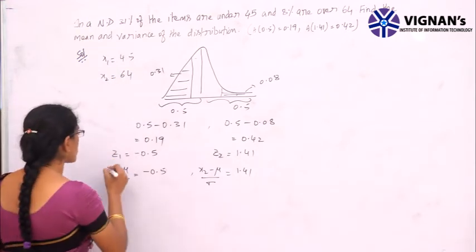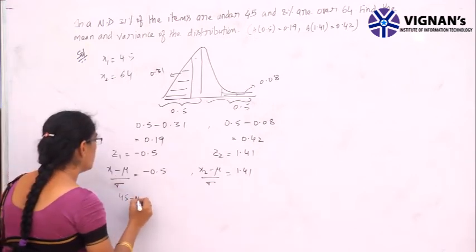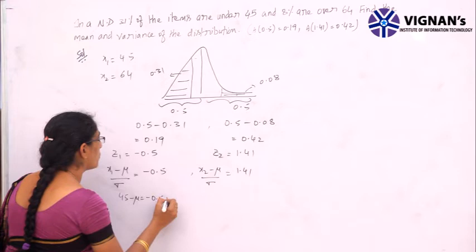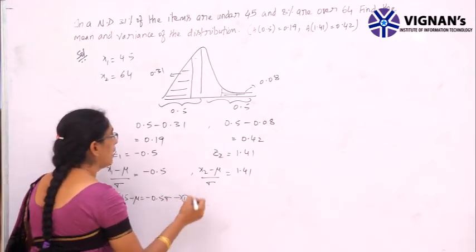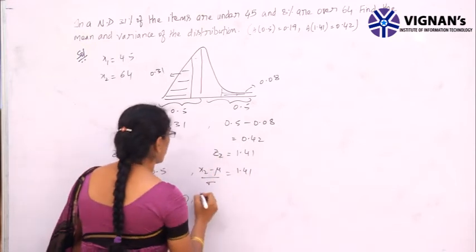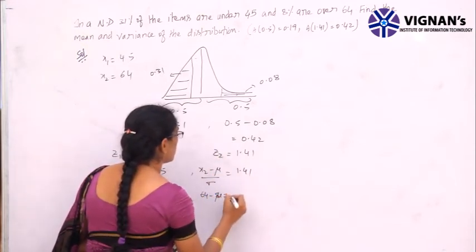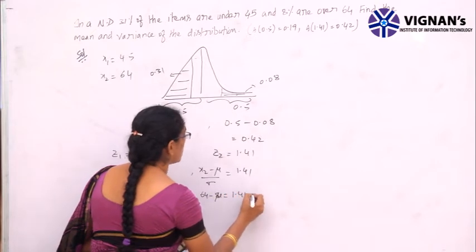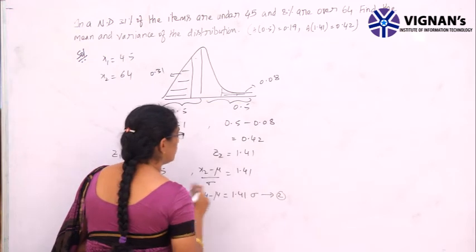So now substituting this, 45 minus mu is equal to minus 0.5 into sigma. That will be equation 1. And here X2 is 64, so 64 minus mu is equal to 1.41 into sigma. Let this be the second equation.